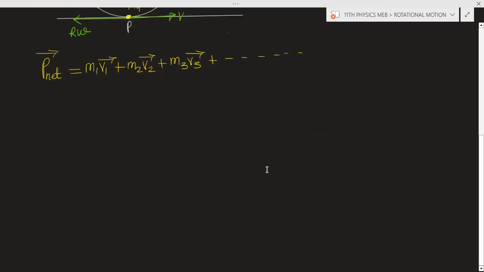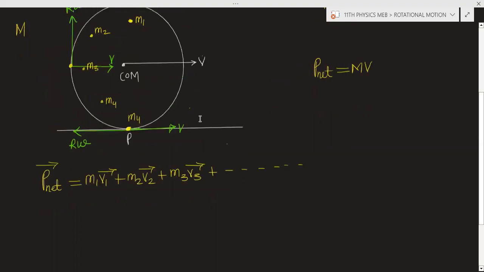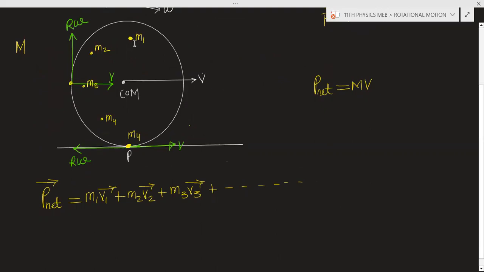So now what we will do? If I am writing for mass m1, this is mass m1, and this mass m1 has the velocity, suppose v1.